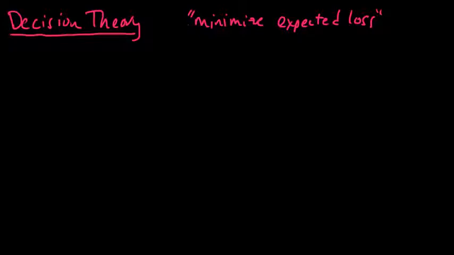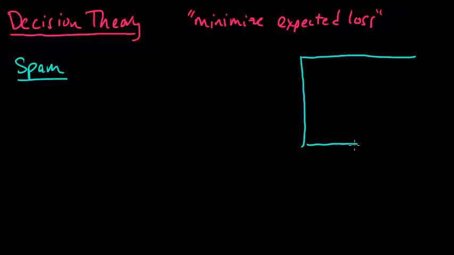So let's start with a little example. Think about spam. When you get spam in your email inbox, it's like an advertisement or something that you weren't interested in. And think about if you were trying to build a classifier, some program to recognize whether a particular email was spam or not.